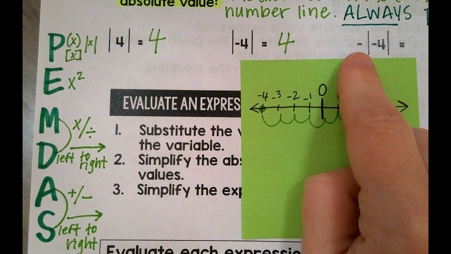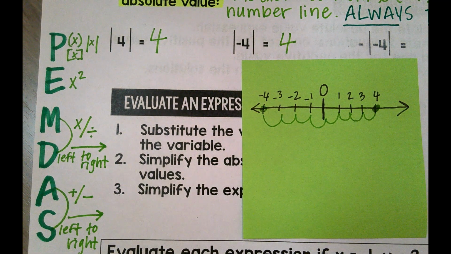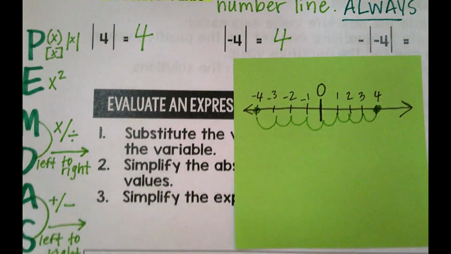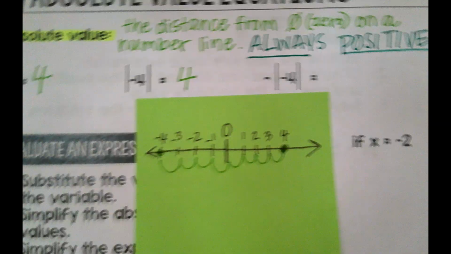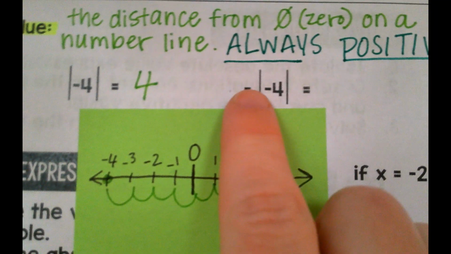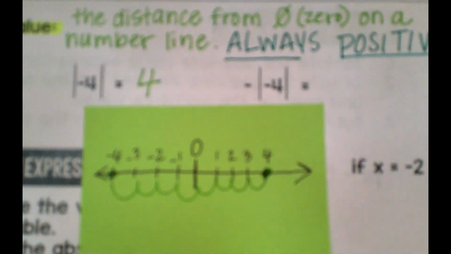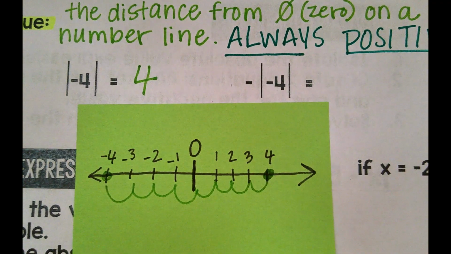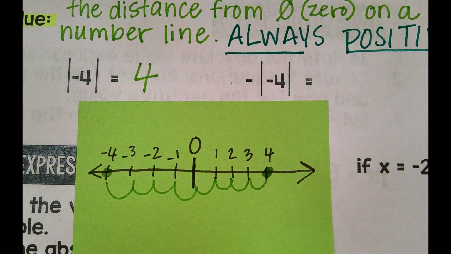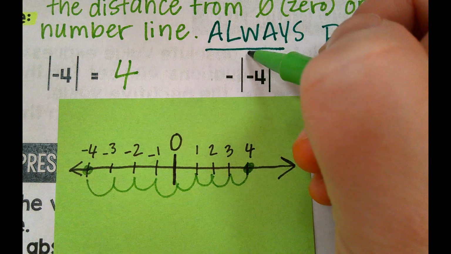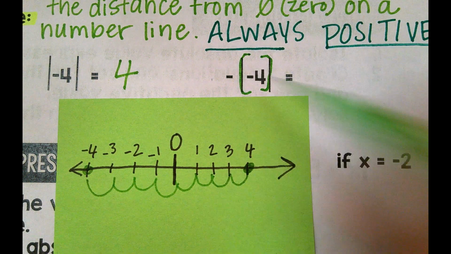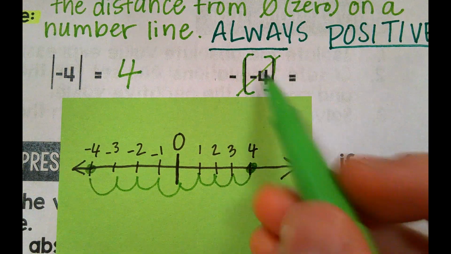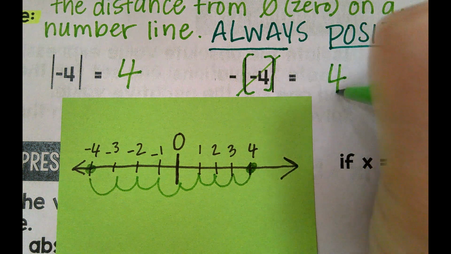And then we can look at the negative on the outside. So we actually just answered that on the previous question right here. Let me zoom in again. First, we want to find what is the absolute value of -4. It's 4, positive 4. So we always want to do that first. Yes, always do this first. So I'm going to put this here and show we're going to do that first. The absolute value of -4 is positive 4.